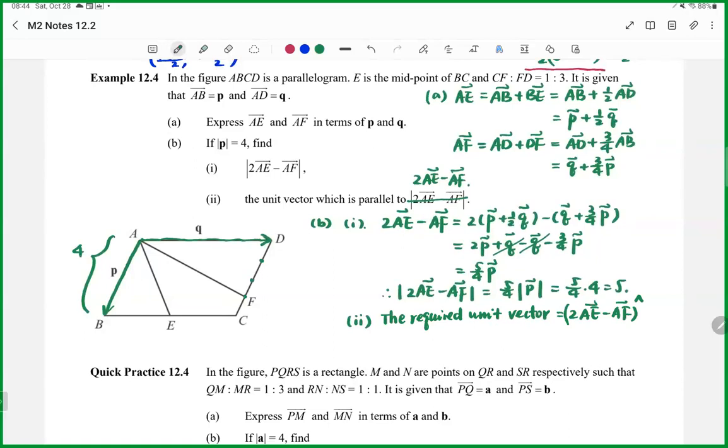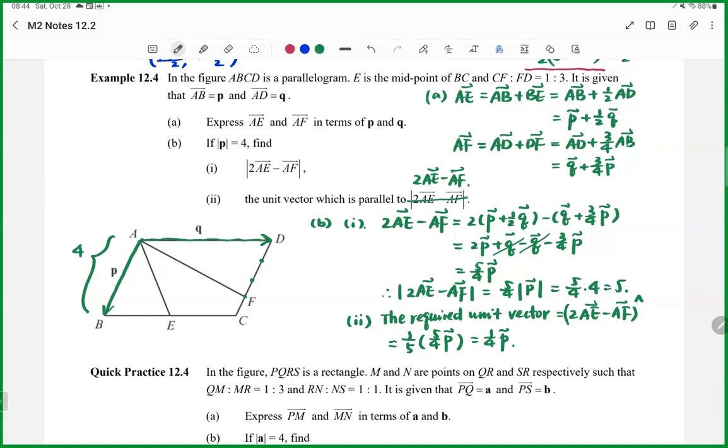The unit vector is equal to 1 over 5 times the vector, which is 5 over 4P, which is 1 over 4P. It makes sense because P's length is 4. So I want to find the unit vector parallel to that. That is 1 over 4P. So it's done.